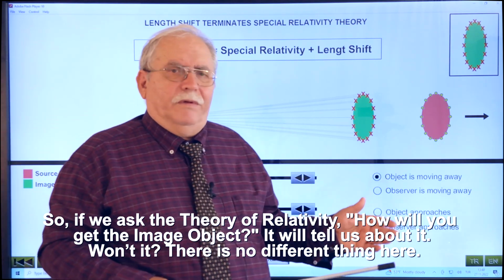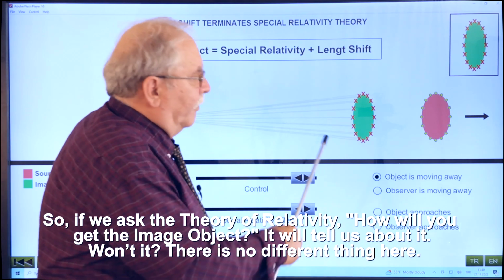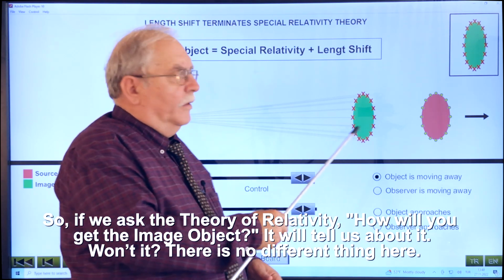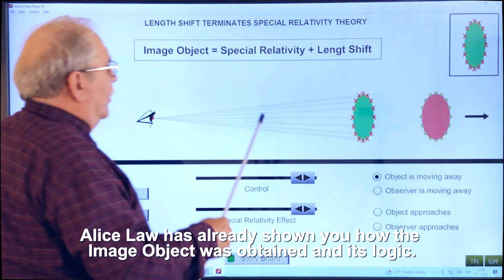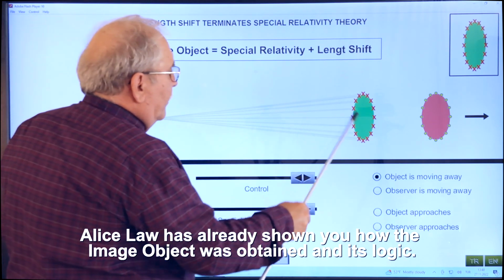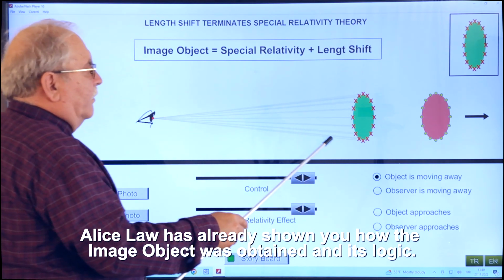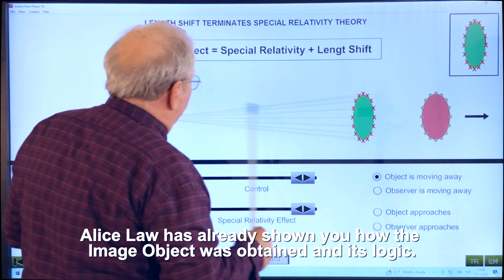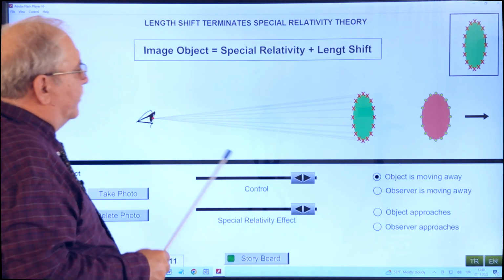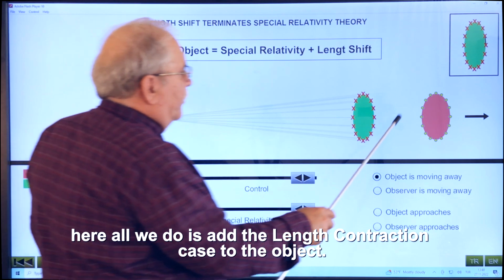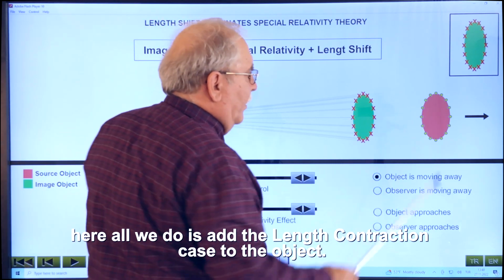It will tell us about it, won't it? There is no different thing here. Alice's law has already shown you how the image object was obtained and its logic. Here all we do is add the length contraction case to the object.